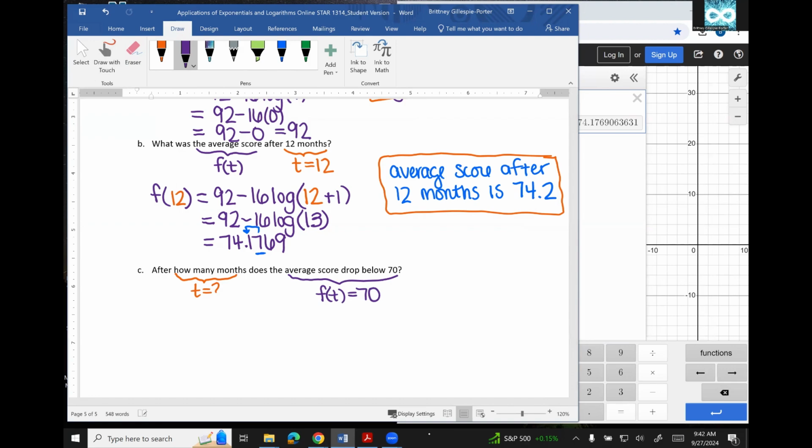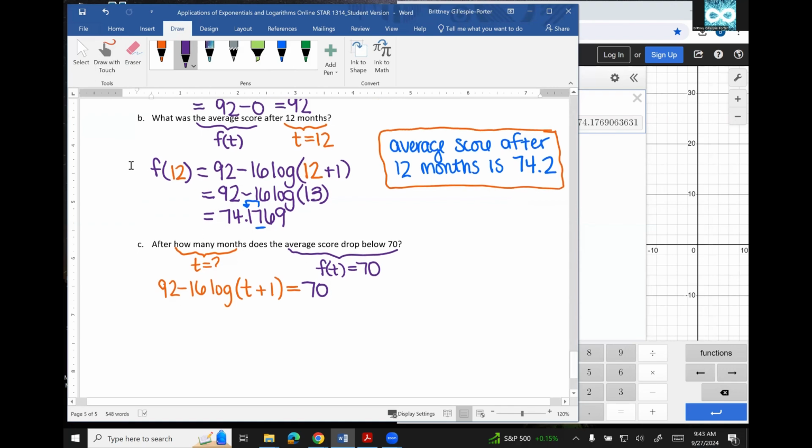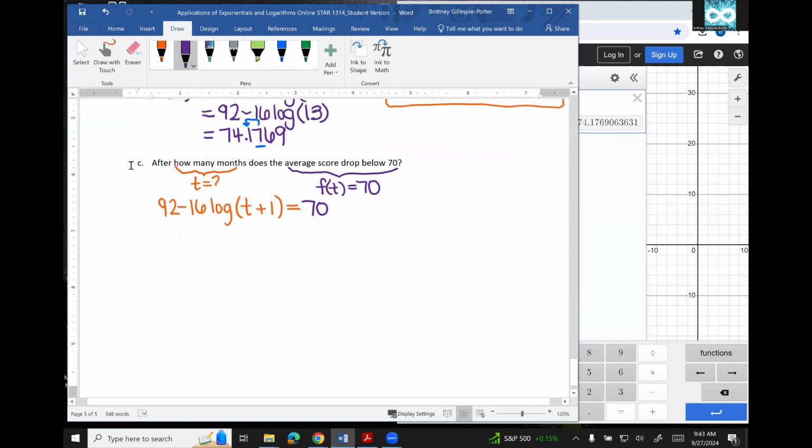So this time, instead of plugging in for t, we are going to plug in for f of t, which means that we are going to have 92 minus 16 log of t plus 1. We're going to set that equal to the 70, because we're taking our equation, replacing y, or f of t, with 70, and we need to solve for t.